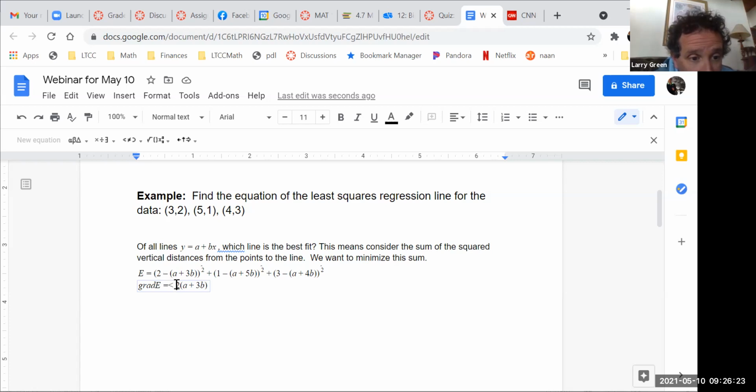It is 2 times parentheses 2 minus (A plus 3B). I decided to not simplify it. It's kind of good to look at it as it is now. So I'm using the derivative of the square function is 2 times. So it's 2 times that, and the derivative of this is a negative because we have the minus A.